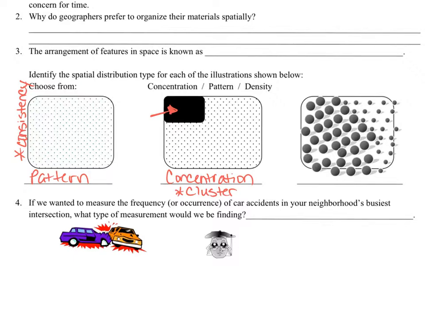Now you would see this in college towns. There would be a concentration of houses and people around the college. Because why? Yeah, they want to be close to the school. Sometimes you'll see the same thing in really small towns, around a church, or even around airports.